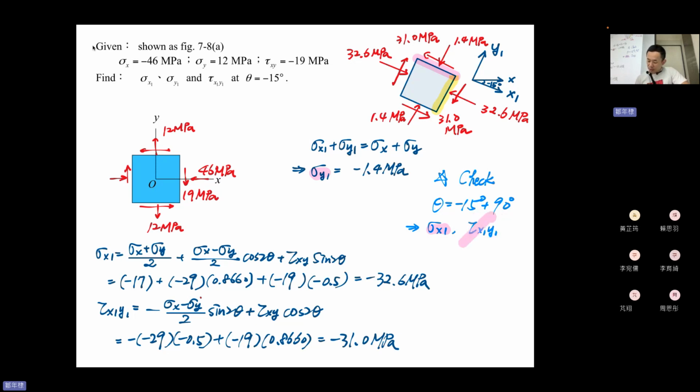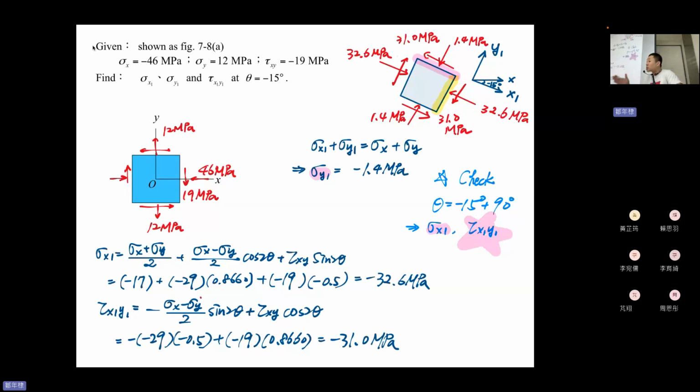This one is kind of important, because when you determine it, you will find it is positive 31.0 MPa, which is different from this negative 31.0 MPa. Maybe you think, why is it different, they are the same stress state, but this is negative and this is positive?